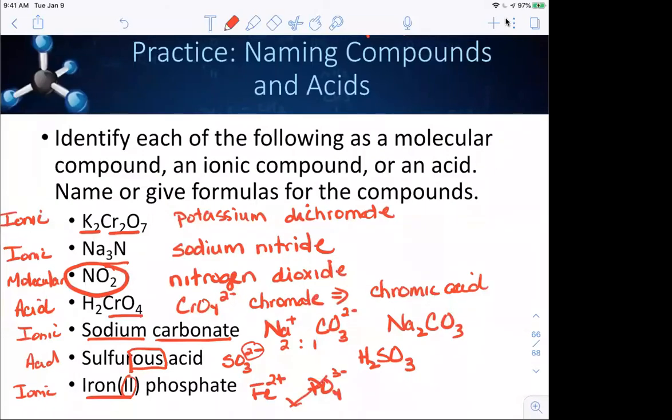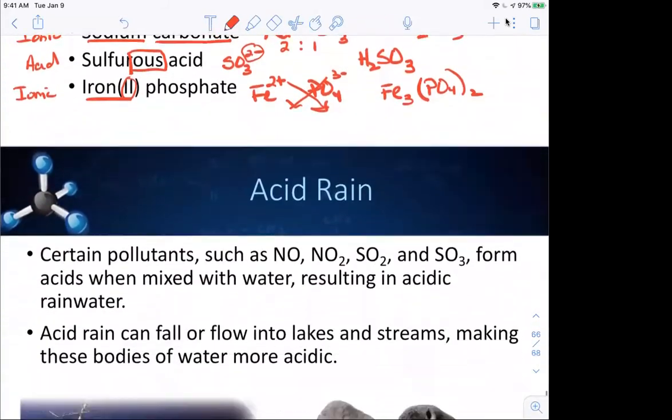So if I want to put them together, I would get Fe3(PO4)2. That subscript outside the parentheses says I have 2 phosphate ions. So hopefully you're getting the idea on how to use these systems in order to name these compounds.